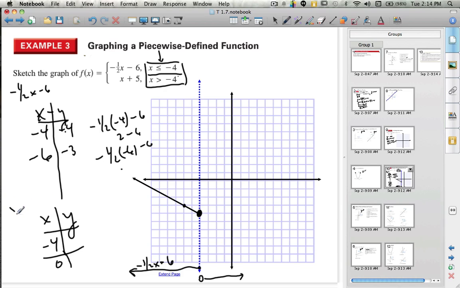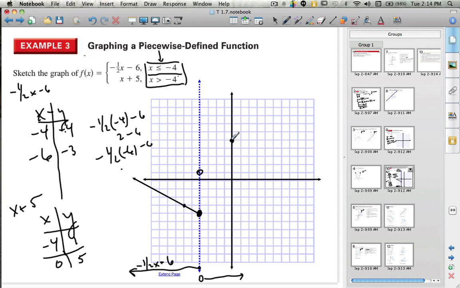And this is for the x plus 5 equation. So -4 plus 5 is 1. And 0 plus 5 is 5. So over here I'd have an open dot at -4, 1. And then 1, 2, 3, 4, 5.